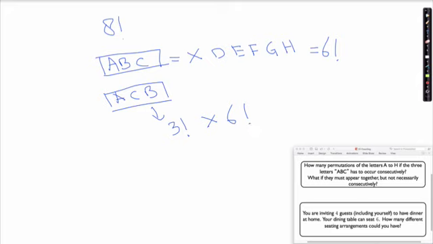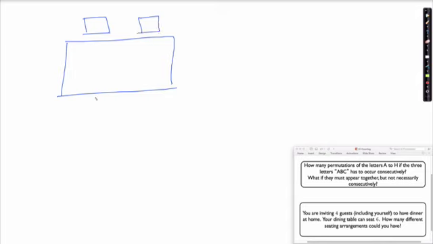Now we are going to talk about the second part, about sitting people around a dining table. In this case, we have a dining table, and the dining table can sit 6 people. So let's actually have the chairs drawn up.